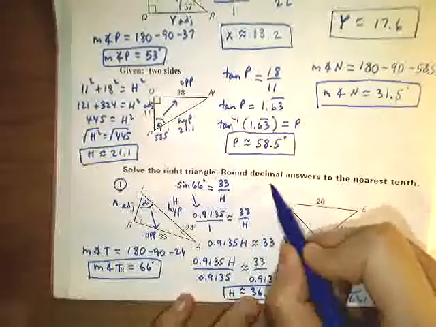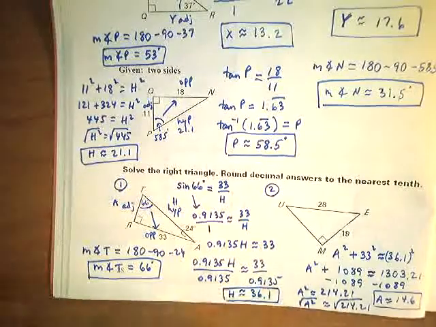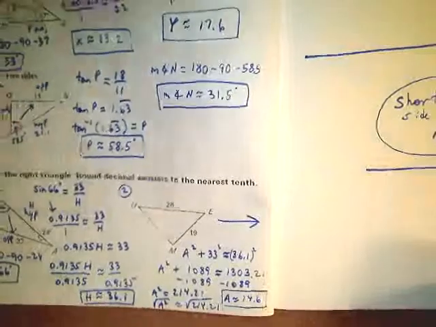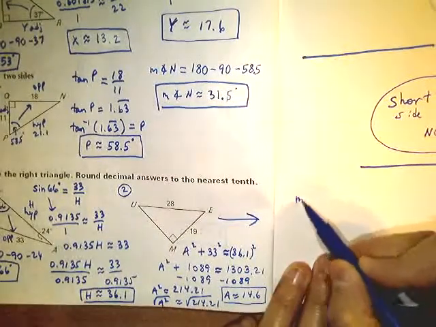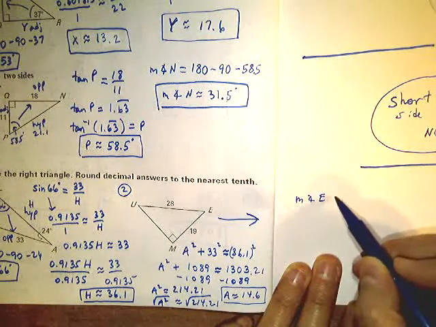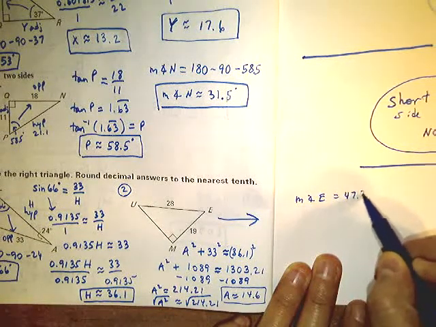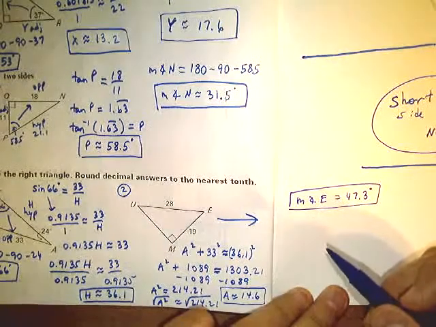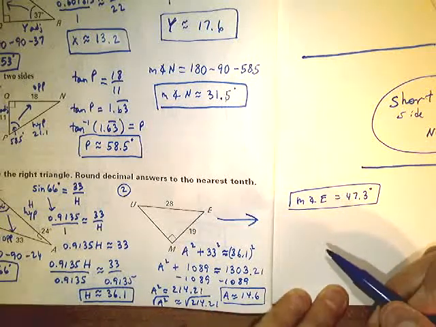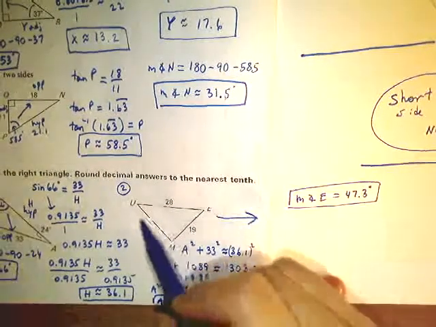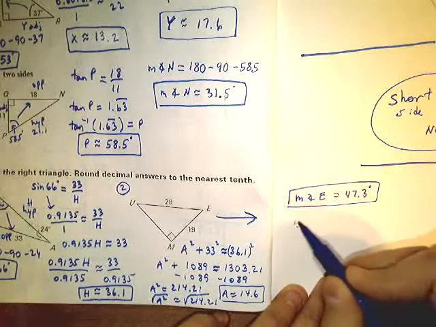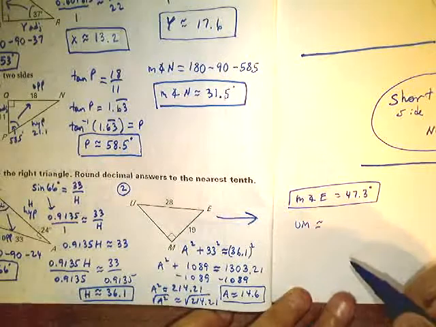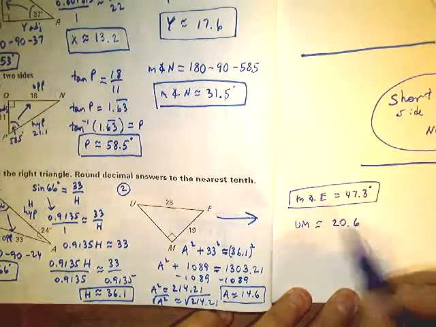Now, if you want to try example number 2, I'm just going to write the answers over here on this adjacent page. Number 2, the measure of angle E turns out to be about 47.3 degrees. This side right here, UM, ends up being about 20.6 units long.